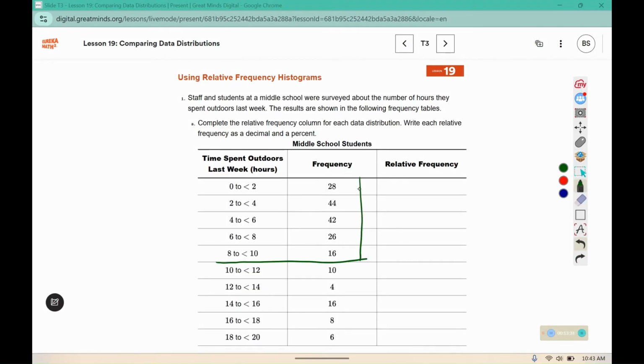So we want all of these students who spent less than 10 hours. So we're going to add these values up. 28 plus 44 plus 42 plus 26 plus 16 is a total of 156 students who spent less than 10 hours outdoors.